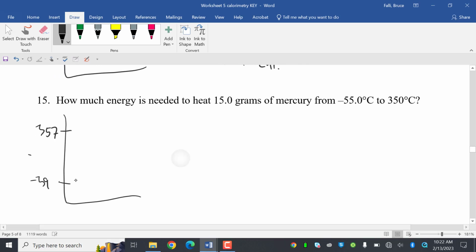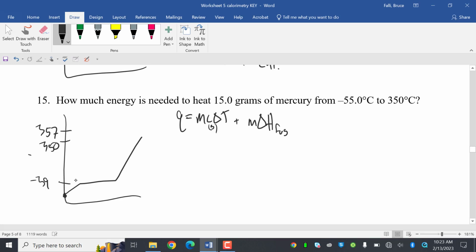And I'm going from negative 55, that's low, to 350. Up, over, up to 350. So that's going to be Q equals MC delta T. This is a solid plus M delta H fus plus MC delta T liquid.